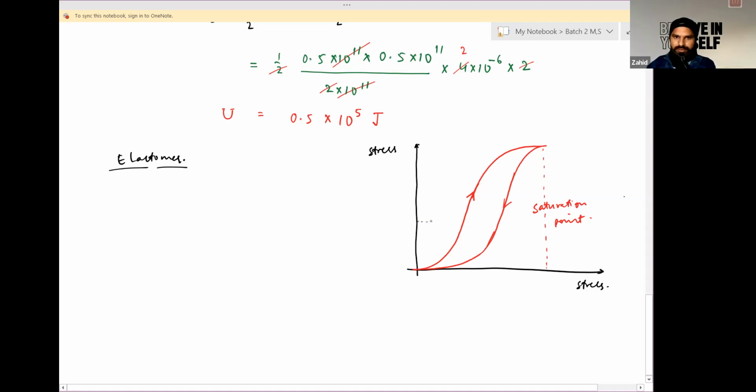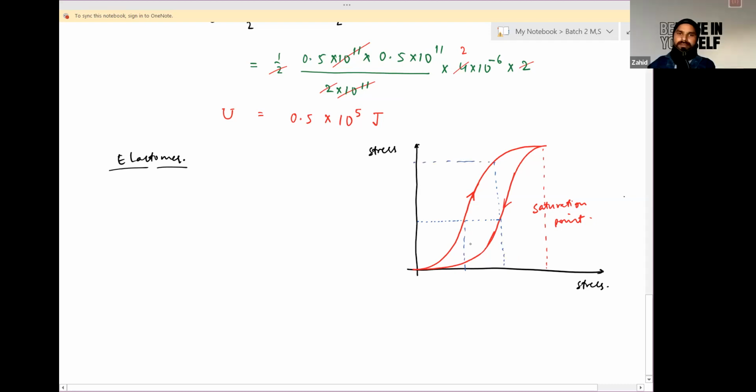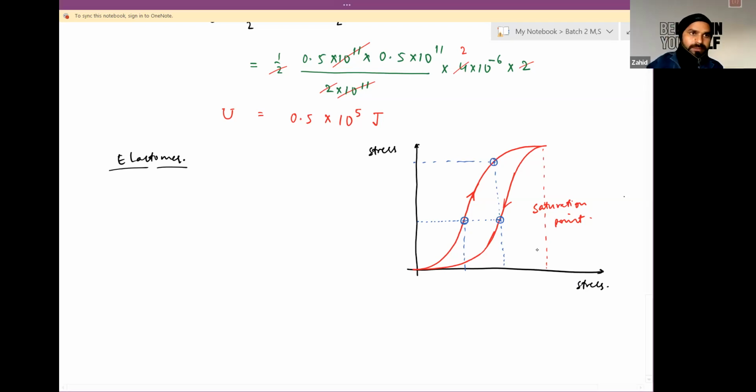So if you draw a horizontal line and a vertical line, while extension, stress and strain will be at this point. But on returning back, stress and strain will be at this point or at this point. It means stress and strain, just 1 minute, it should be strain.